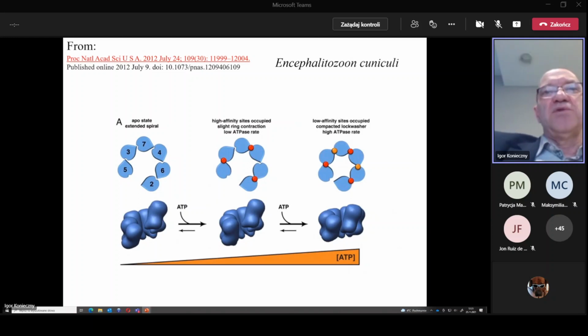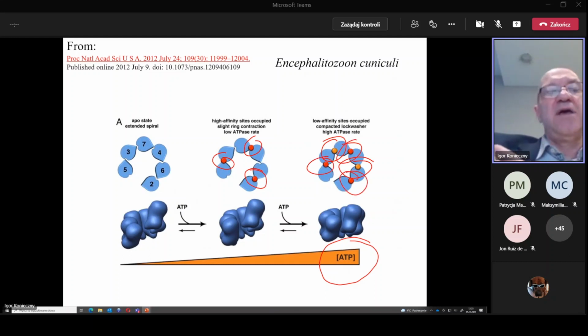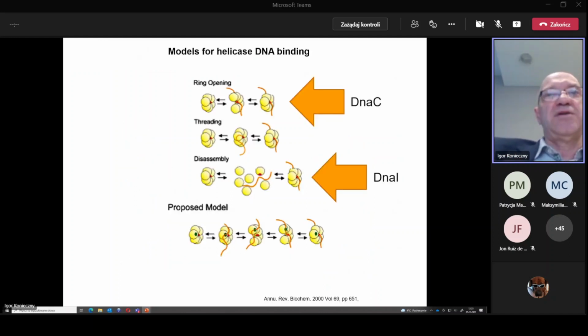And that was just the proposition that it depends on the ATP concentration in the solution. So regarding whether there is ATP present, or ADP, inside the ring, that may cause opening or closing of the ring structure.